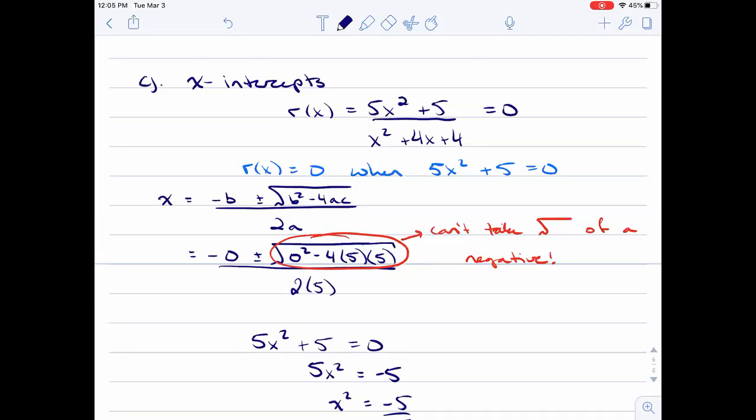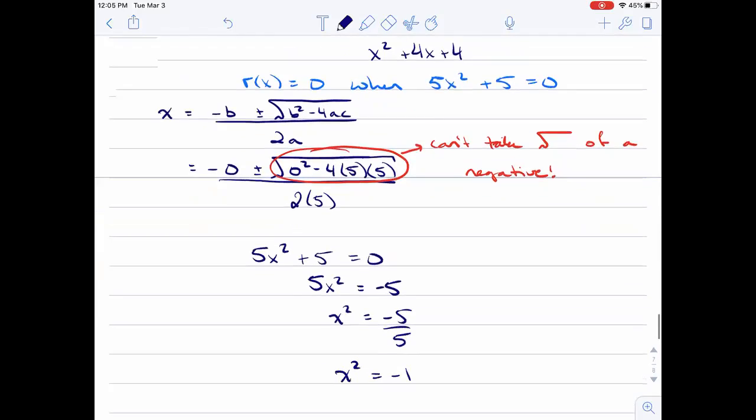I was looking at it as 5x squared minus 5, and then it would work, right? But then you also wouldn't have that trouble with the -1 and the square root. So I don't think there is an x-intercept for this one. You picked a hard one indeed. We'll confirm with Desmos, but it looks like there is no x-intercept.